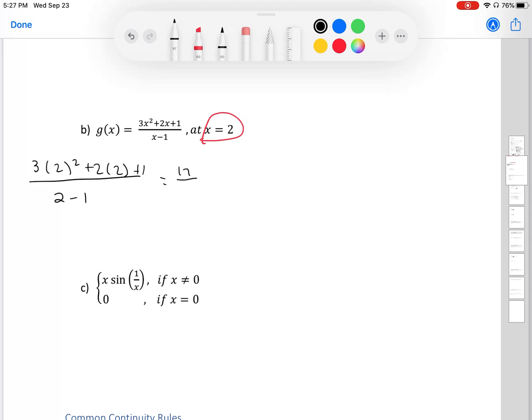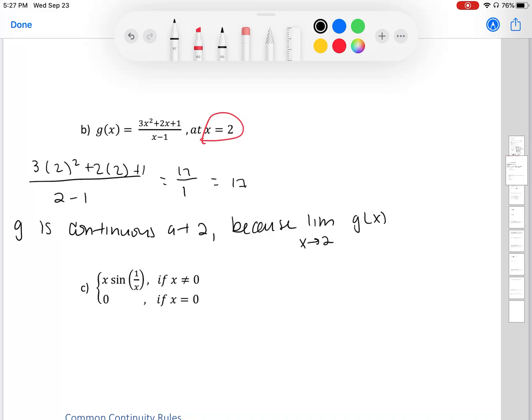Once you work it out, take your time, you get 17 over 1, which is just 17. So yes, it's continuous. So g is continuous at 2 because the limit as x approaches 2 of g of x equals g of 2, which is just 17.